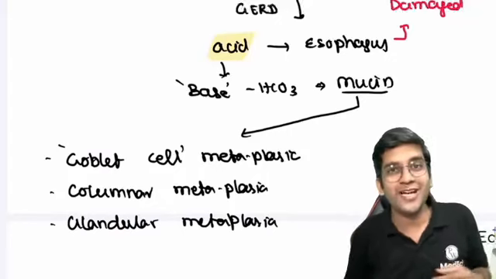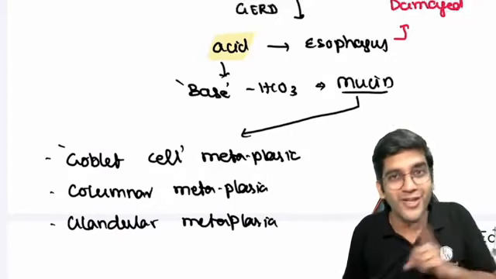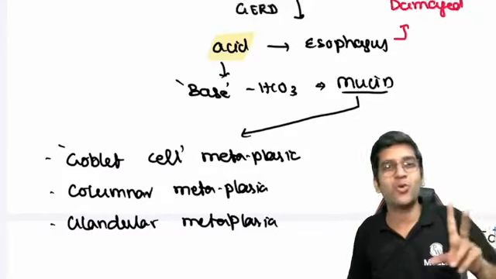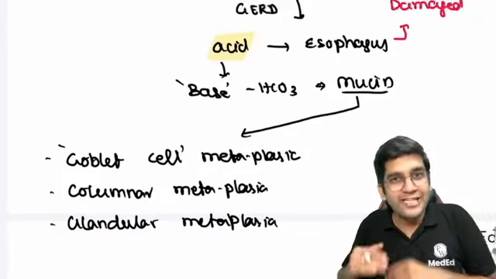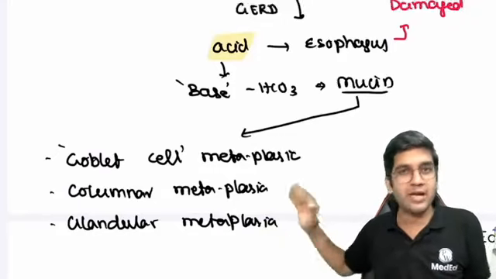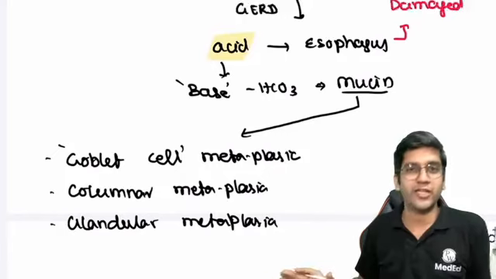Because no one in the exam or in your college is capable of creating a new disease. They will ask the same disease which has been present for 200 years in a different way. So it doesn't mean there's a new MCQ. It's the same MCQ, same Barrett's, three different ways of asking it. That's all they can do, right?